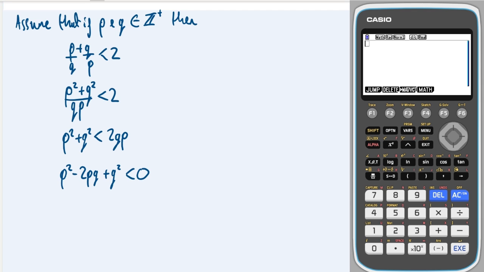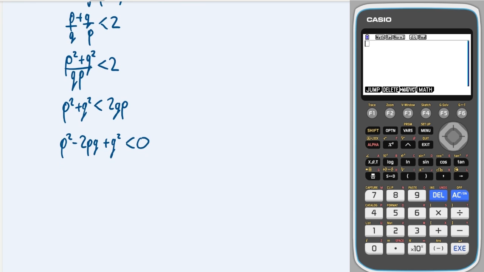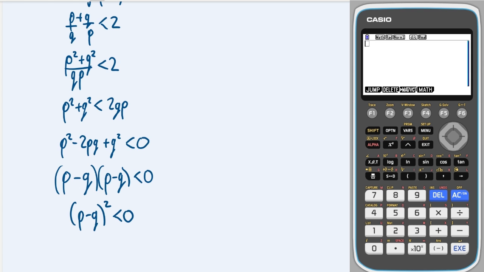It's going to give me this. It's always good to try and get it equal to 0. And this can be factorised, and that will be p minus q times p minus q. Yep, that works. Oh great, so that's p minus q all squared, and this is a contradiction.